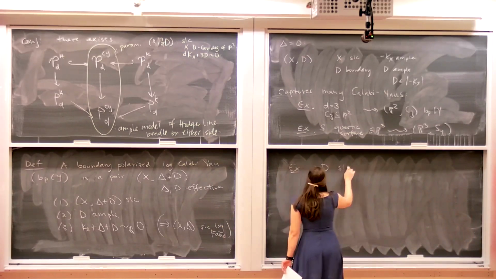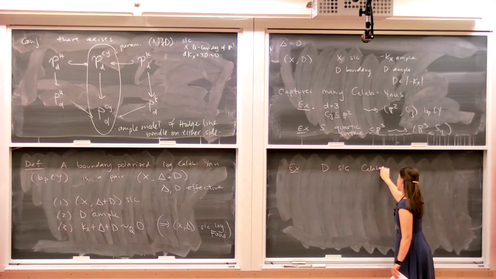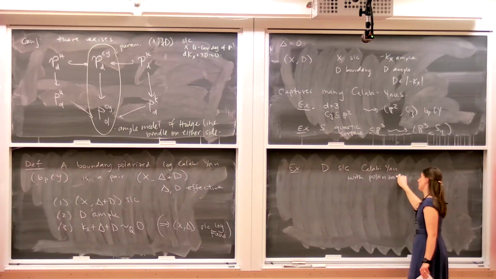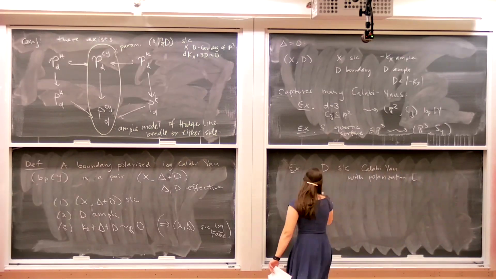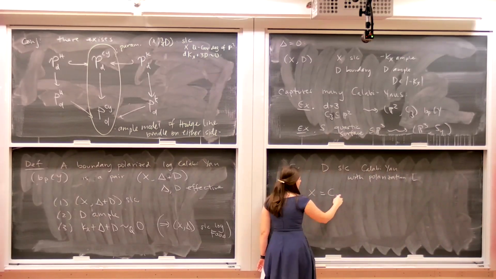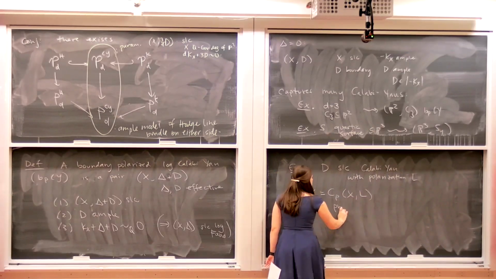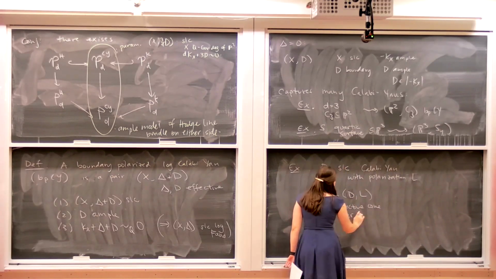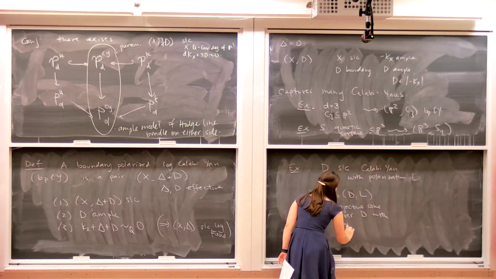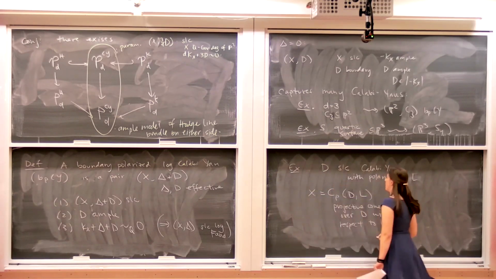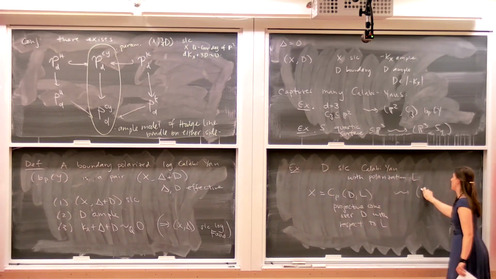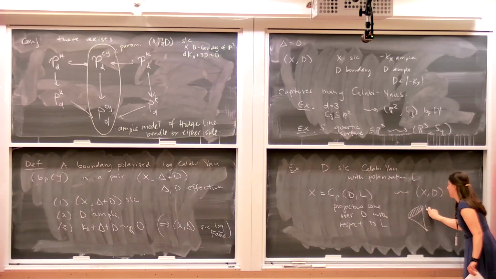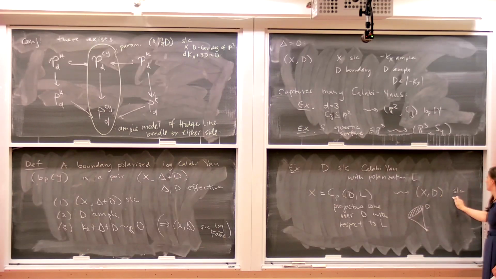Again, we'll say D is some sort of SLC Calabi-Yau with some polarization, maybe we'll call L. Then you can construct X, using notation from one of Kollár's books, C_p(D, L), the projective cone over D with respect to L. And it turns out that the pair (X, D), where D is the hyperplane section at infinity, is an SLC BPCY.